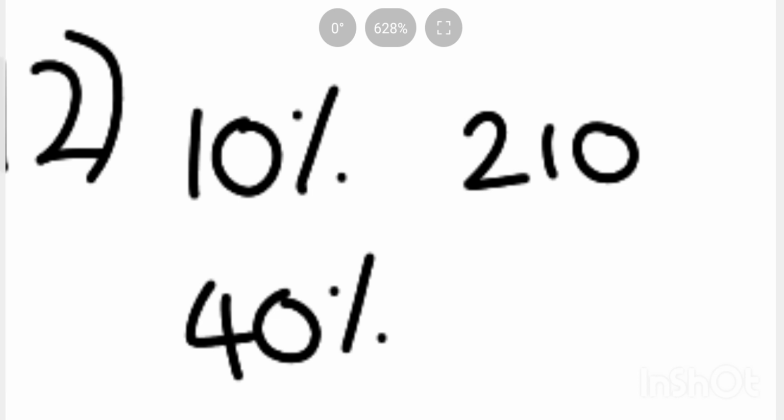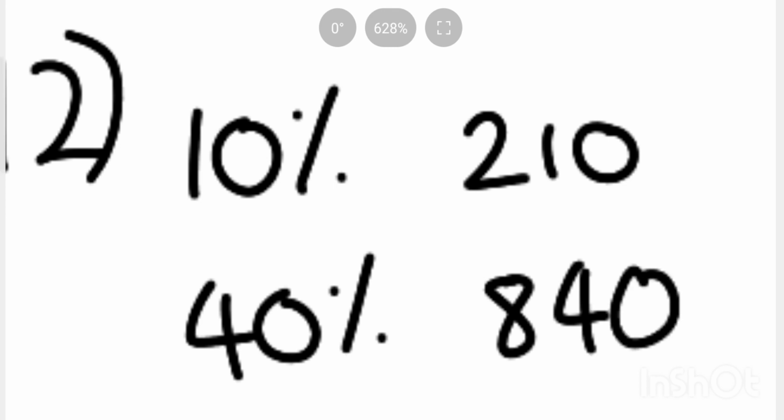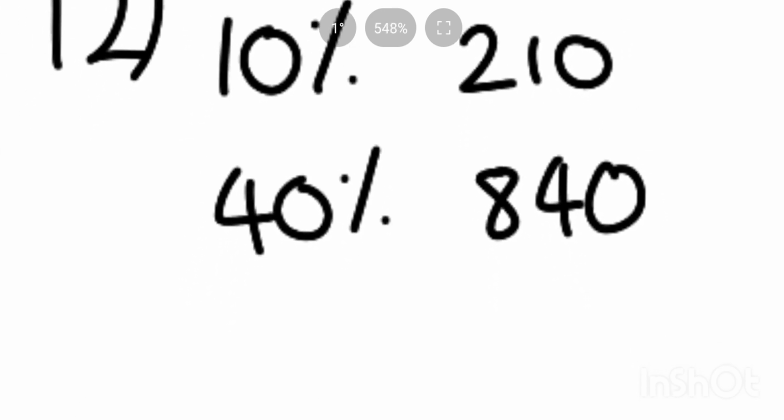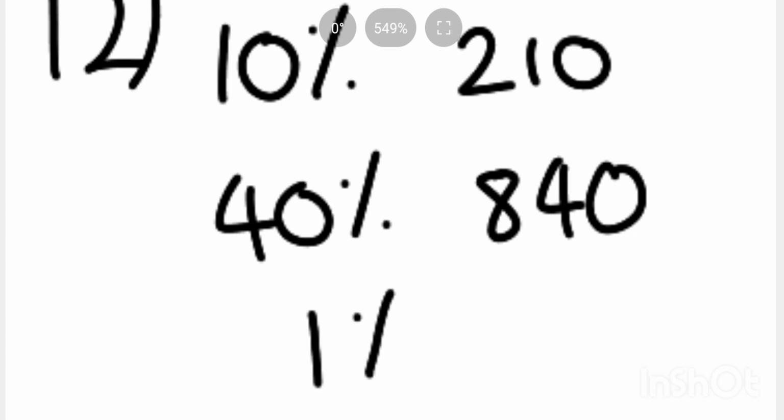So you do the same with 210, so 210 times 4 is 840. You can then do 1% by doing 10% divide 10. So you do the same with 210. So 210 divide 10 is 21.